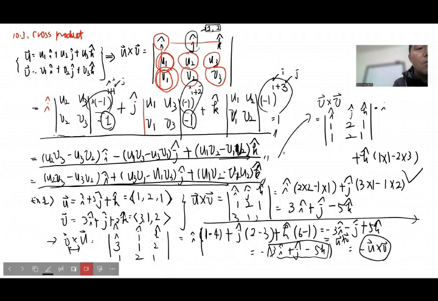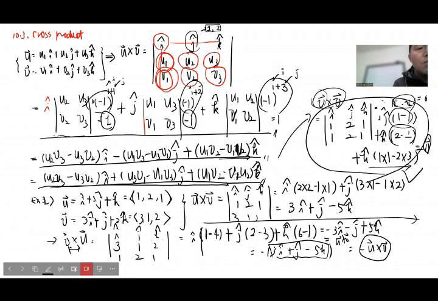So I is 2 minus 2, J is 1 minus 1, and K is 2 minus 2. All the coefficients in front of the unit vectors I, J, K are 0. So that results in the 0 vector. If you take the cross product of the same vectors, that produces the 0 vector, with 0 in every element.